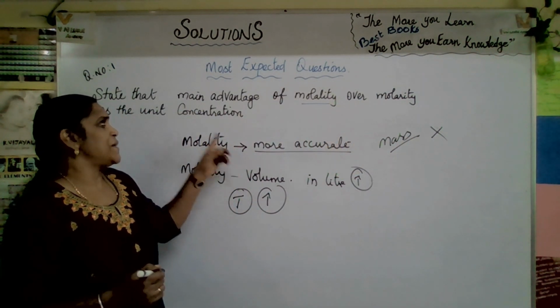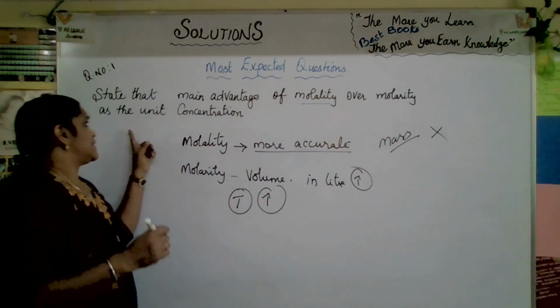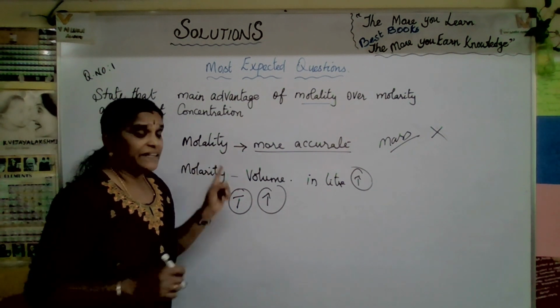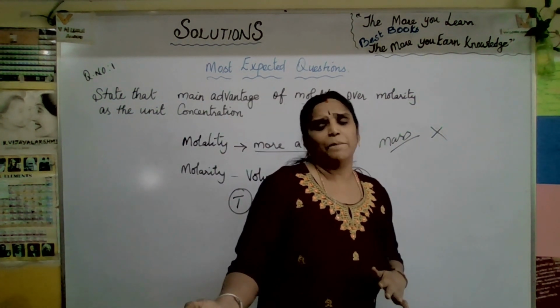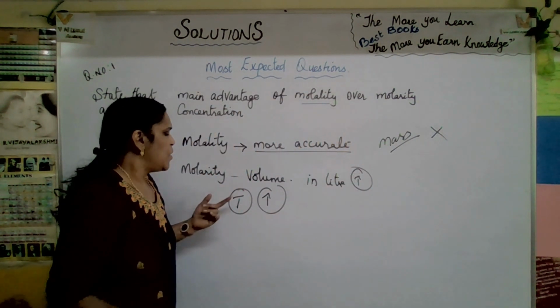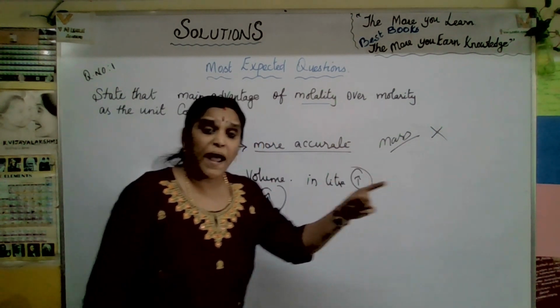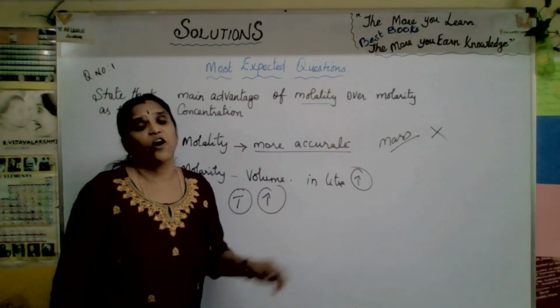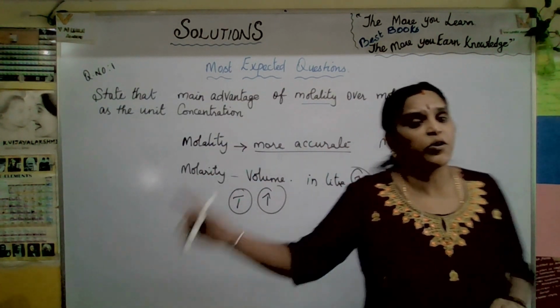The main advantage of molality over molarity as a unit of concentration is that it is more accurate because it does not depend on temperature, whereas molarity does. Why? Because as the temperature increases, the volume of the solution also increases. Hope you got a better idea about this question.